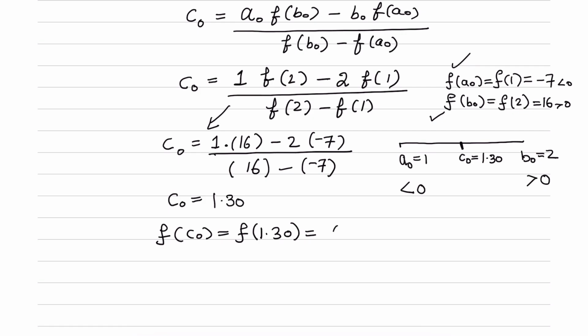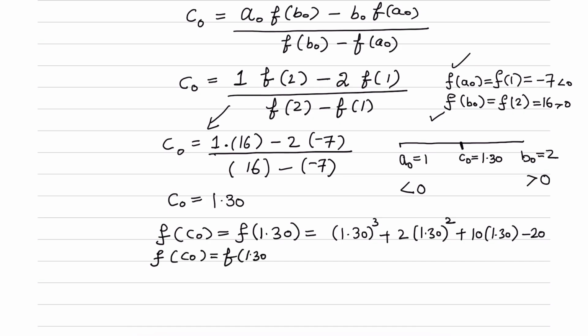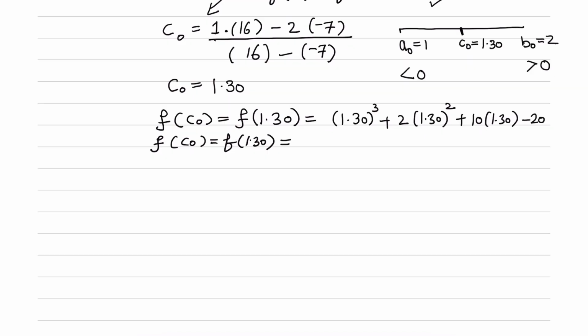So we will plug this in the function. 1.30 cube plus 2 times 1.30 square plus 10 into 1.30 minus 20, which gives us, so use your calculator and find the value of f of 1.30, which we have here as minus 1.42.